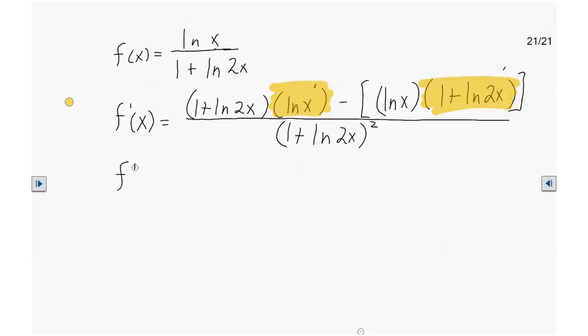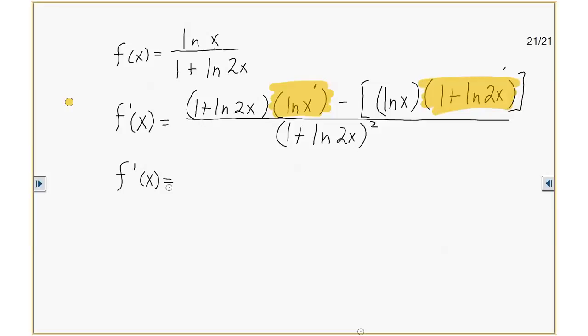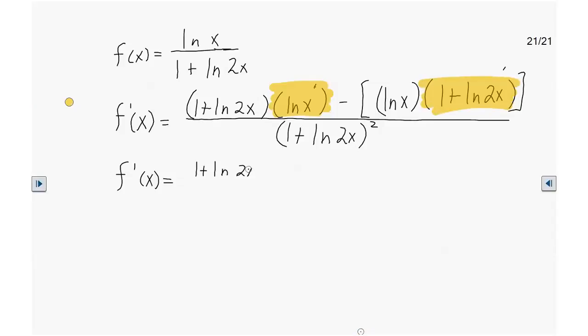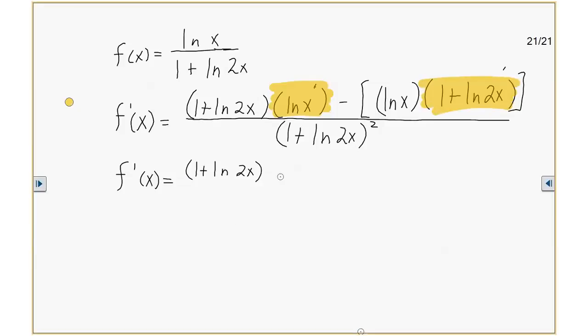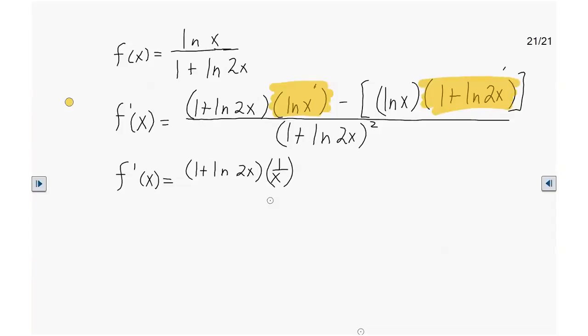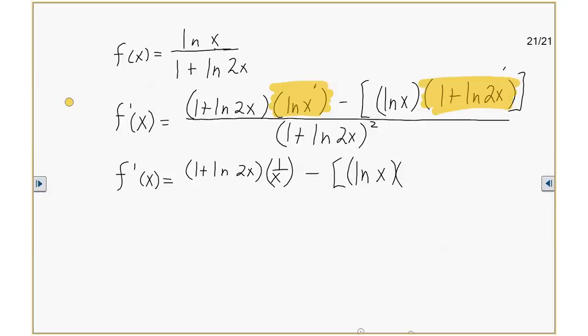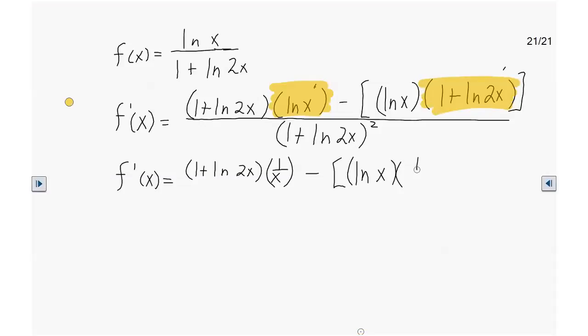F prime of x is equal to 1 plus natural log of 2x times 1 over x, minus parentheses natural log of x times 0 plus 1 over 2x times 2, which would be what? 1 over x.